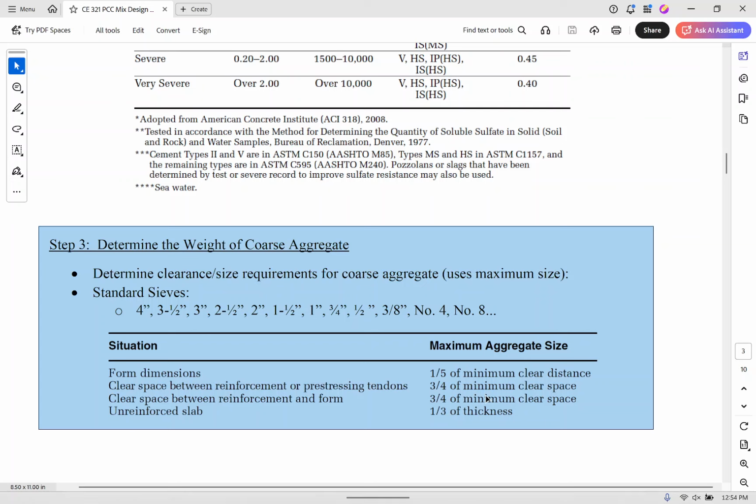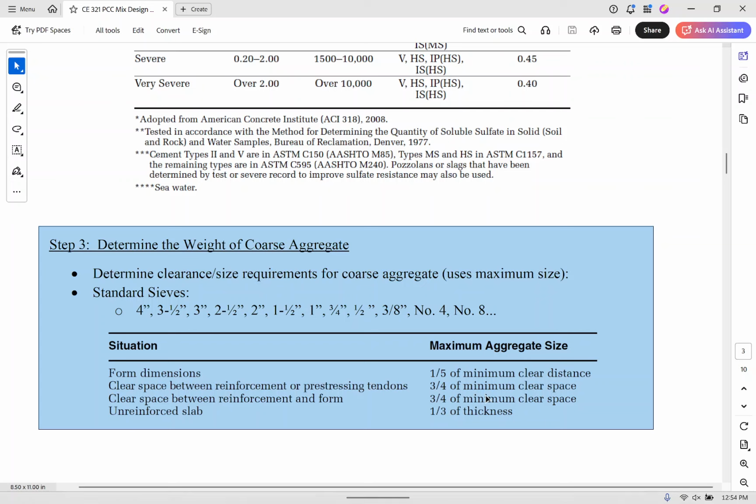Now, what we're going to do is check every clearance requirement that makes sense here. So which ones make sense? We're doing a bridge deck. Do we check the form dimensions? Yes, because we are going to put the concrete in forms.